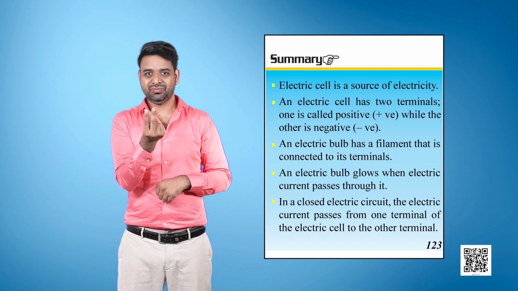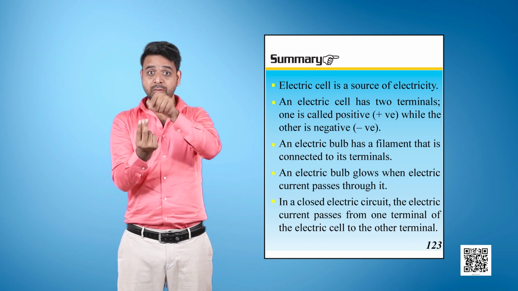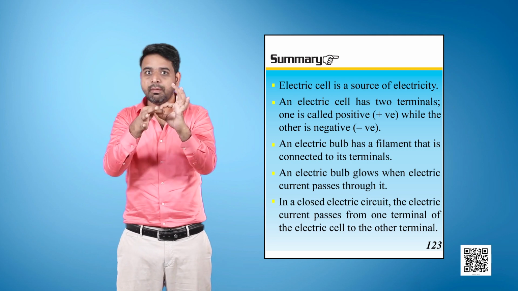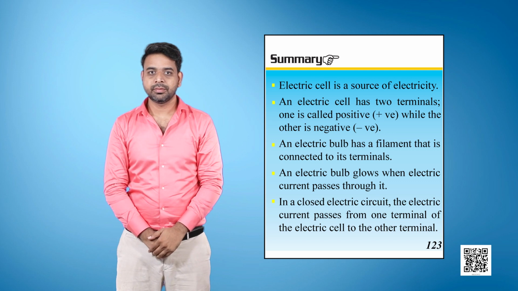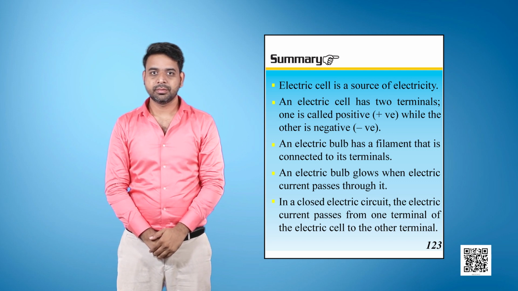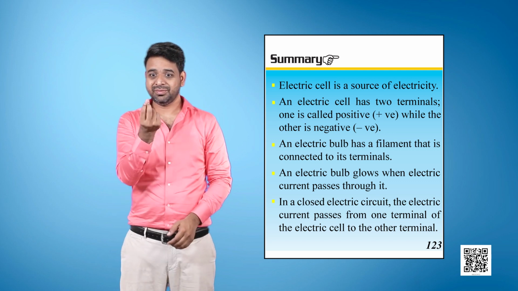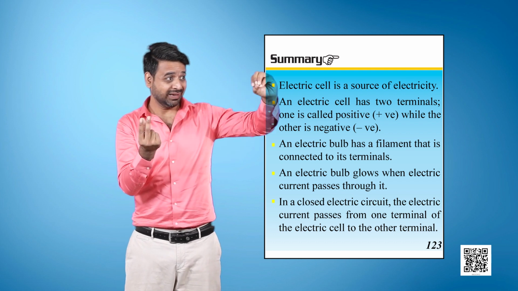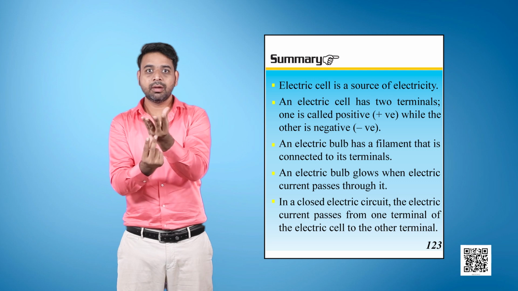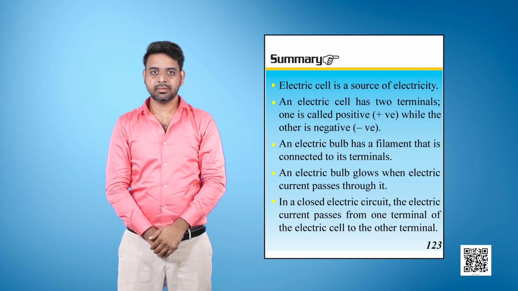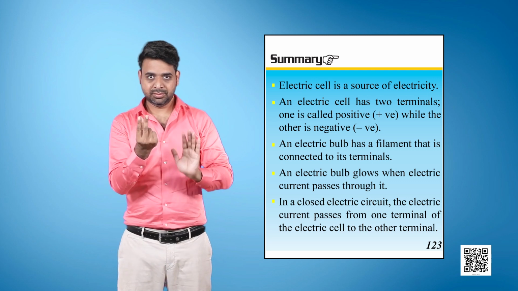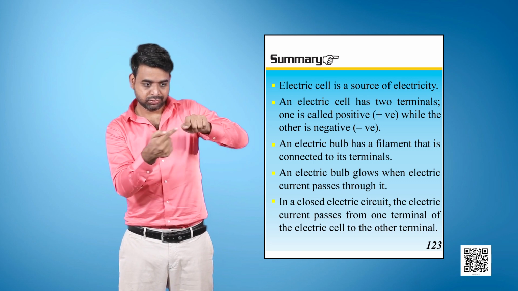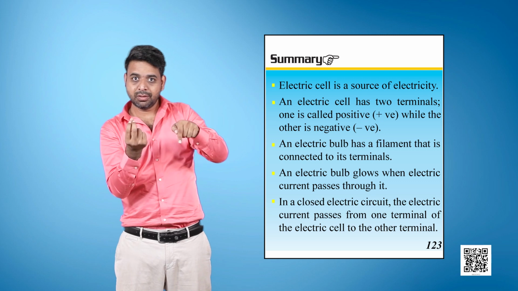An electric bulb has a filament that is connected to its terminals. An electric bulb glows when electric current passes through it. In a closed electric circuit, the electric current passes from one terminal of the electric cell to the other terminal.